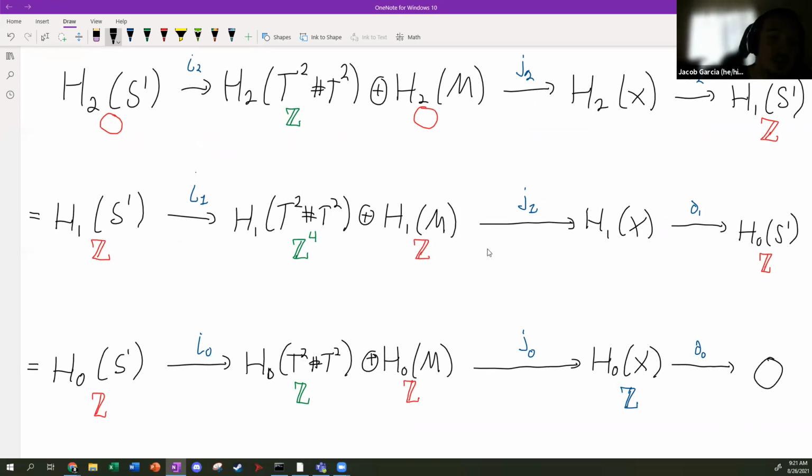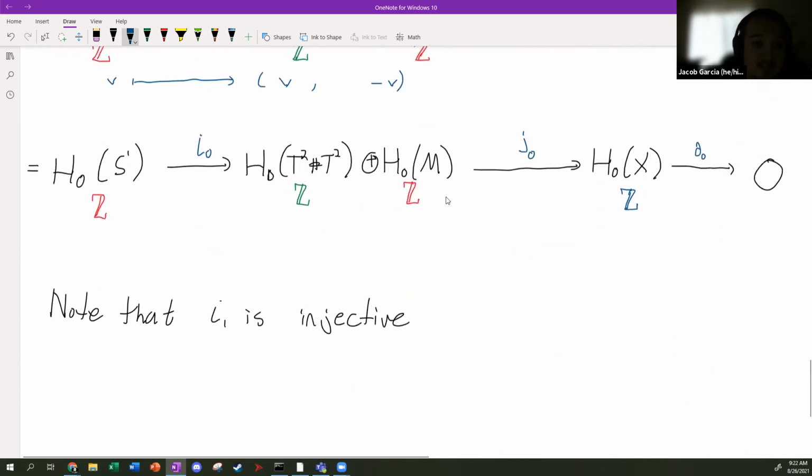It sends the generator here into that generator, comma, the negative of that generator, right? I know what I2 does. We've talked about this before, right? It sends V to V, comma, minus V. That's what the map does, right?